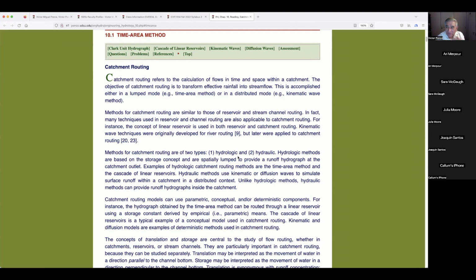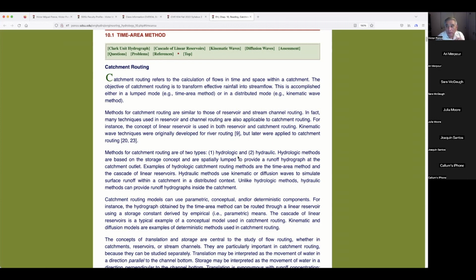The procedures that are embodied in the time area method are similar to that of the rational method. They're very similar. And since the rational method is applicable to small basins less than 1 square mile, the presumption is that the time area method would extend that procedure above 1 square mile.